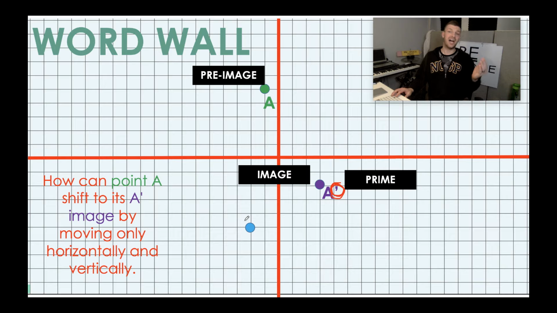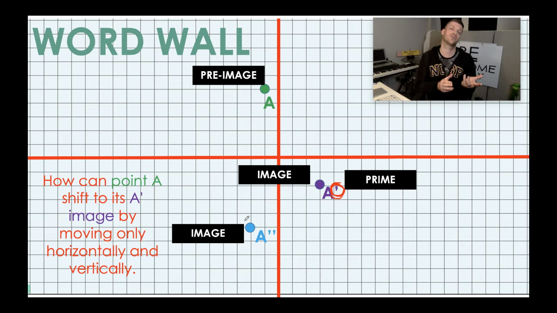Okay? I don't think many of you guessed this. First of all, we're calling this a double prime. However, that animation was out of order. I wanted that later. This is still the image. This is the image of A prime. So now A prime becomes its pre-image.